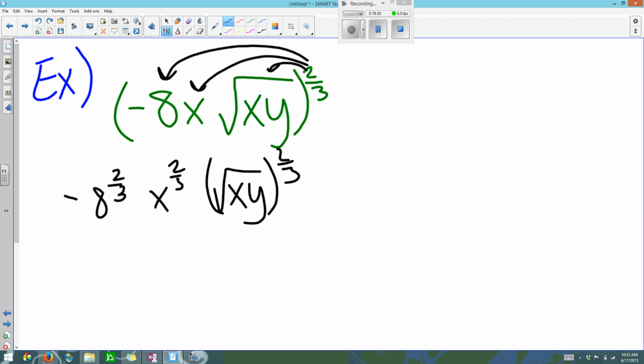Tina, kind of close to what you said. Now one thing we have to point out is we have to change the square root of x and y to a rational exponent to make it easier to solve. So I'm just going to rewrite the line.